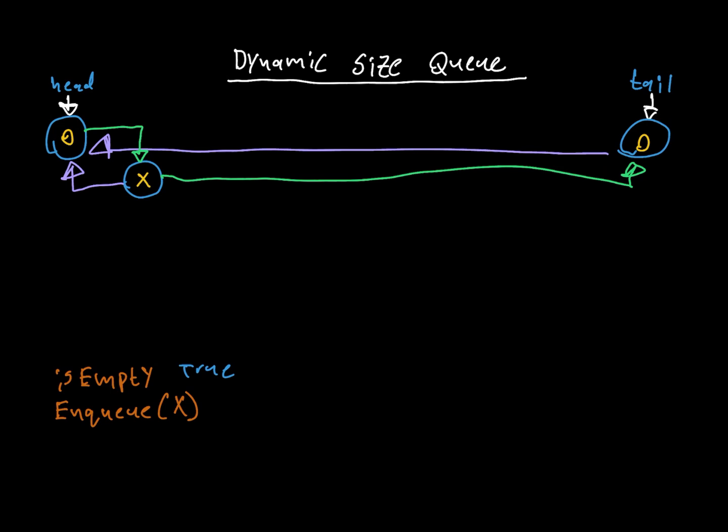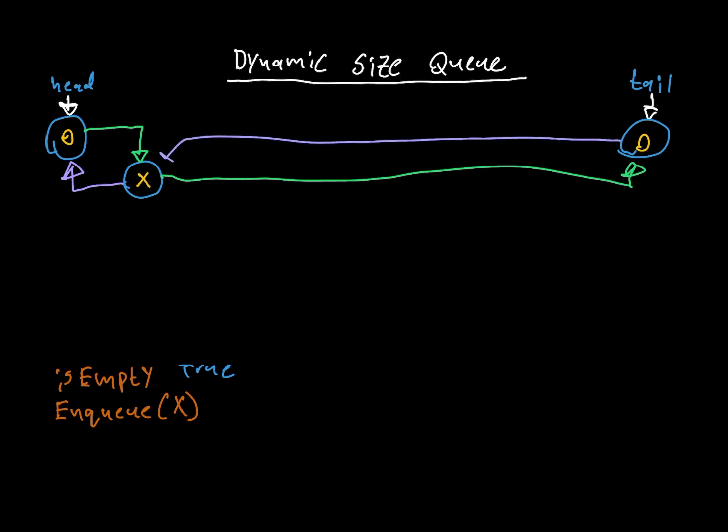And tail, its previous, is now going to point to our new node. So it's going to point here, right? Let's try a few more examples to get this in.